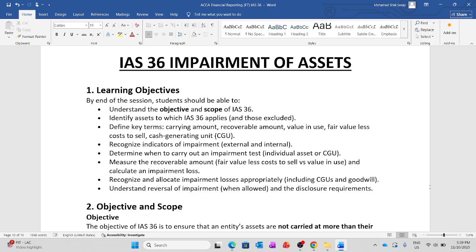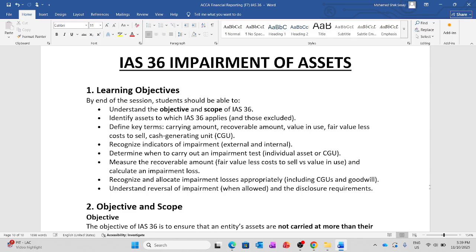For instance, if the asset is expected, through operational activities, to produce 10,000 units of X product, but eventually the machine or the asset is not able to produce 10,000 units.